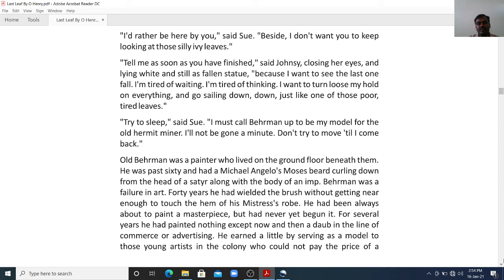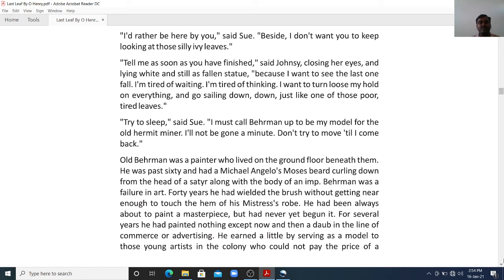So, for 40 years he had tried with the brush but could not paint the hem of his mistress's robe. The hem means the end of the jacket. That's what hem means. Could not paint that.